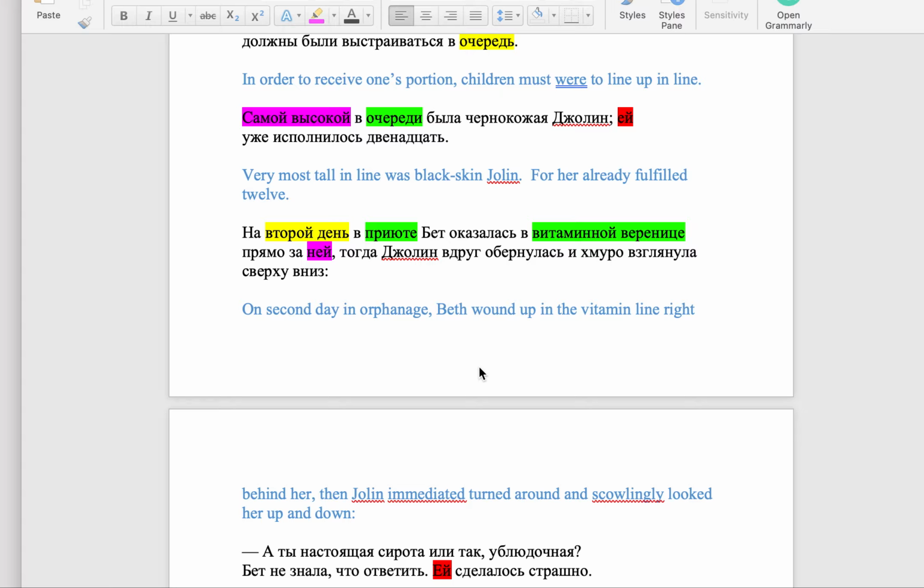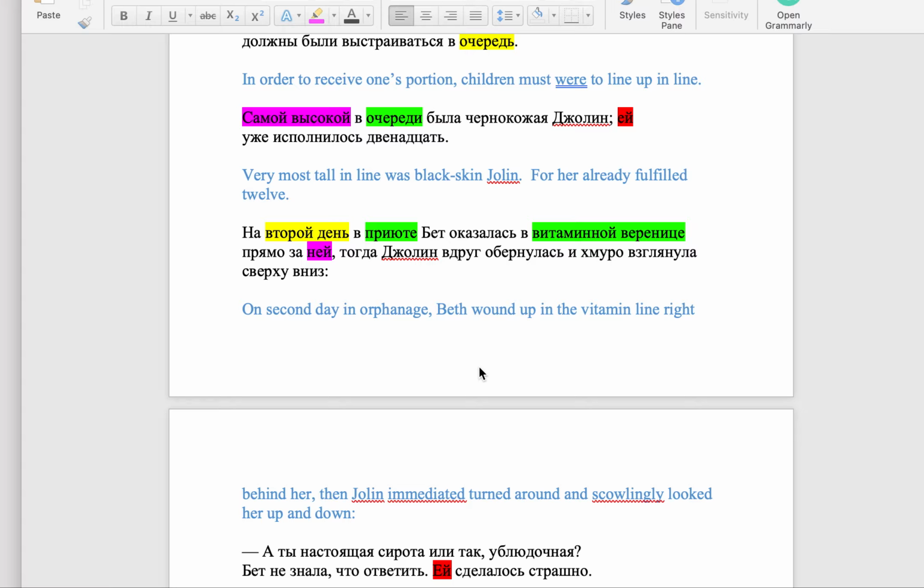Ей уже исполнилось 12. Okay, so this one's very interesting. I'll translate it first. Very most tall in line was black-skinned Jolene. For her, already fulfilled 12. So there's a lot that's implied here.